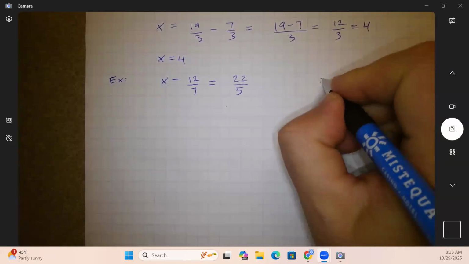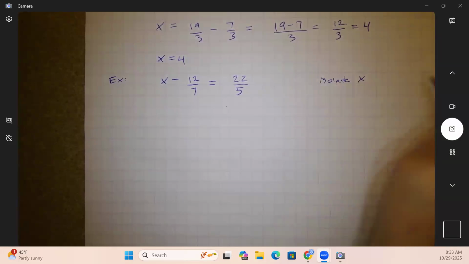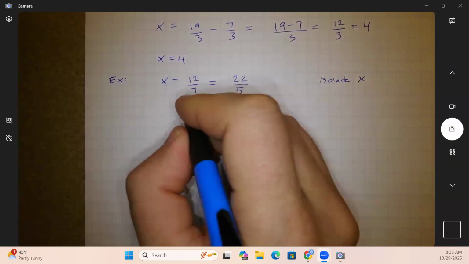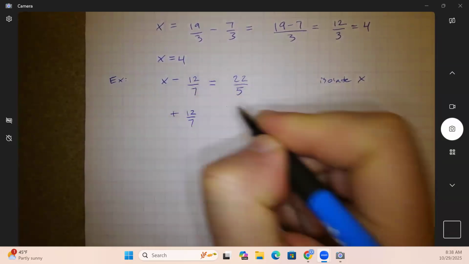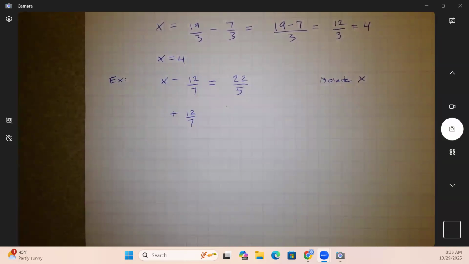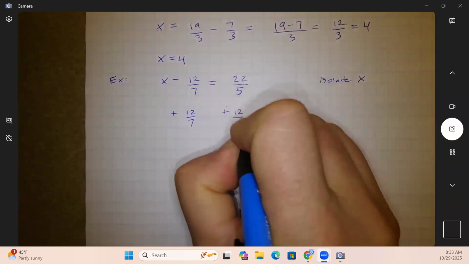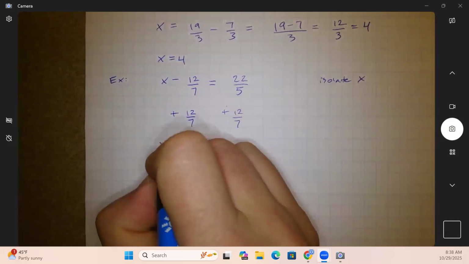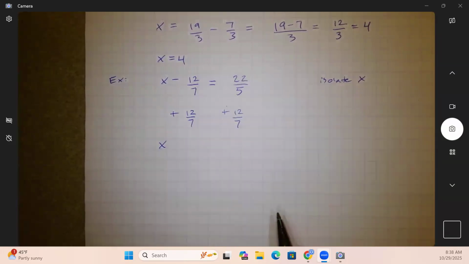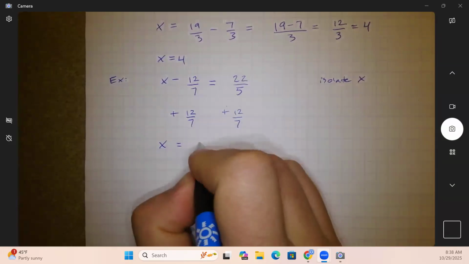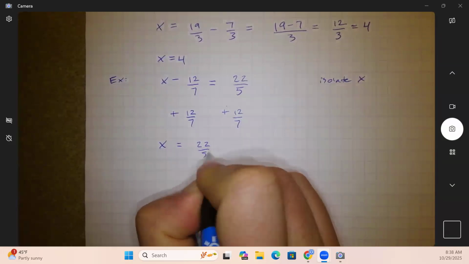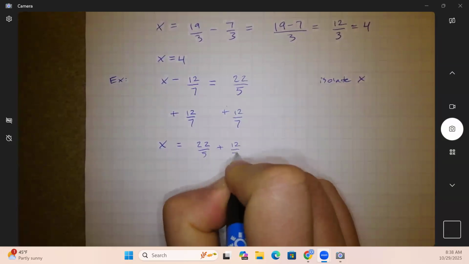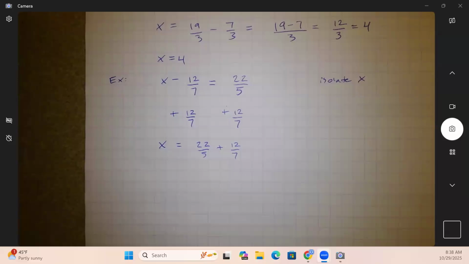Exactly, I want to isolate x by undoing the subtraction. So I'm just going to add the number, which is 12 over 7. I'm going to add that number to both sides, which cancels the negative 12/7 on the left and gives me 22 over 5 plus 12 over 7 on the right.